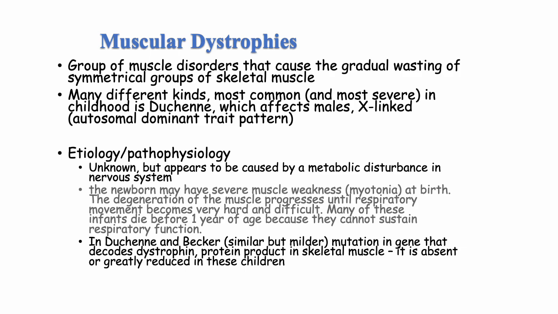So muscular dystrophy is a group of muscle diseases with a gradual wasting of symmetrical groups of muscles. The problem is that muscular dystrophy is genetic. It's linked to the male. It's linked to the X chromosome. A lot of parents do not know that they have this until they have several children that then have muscular dystrophy.